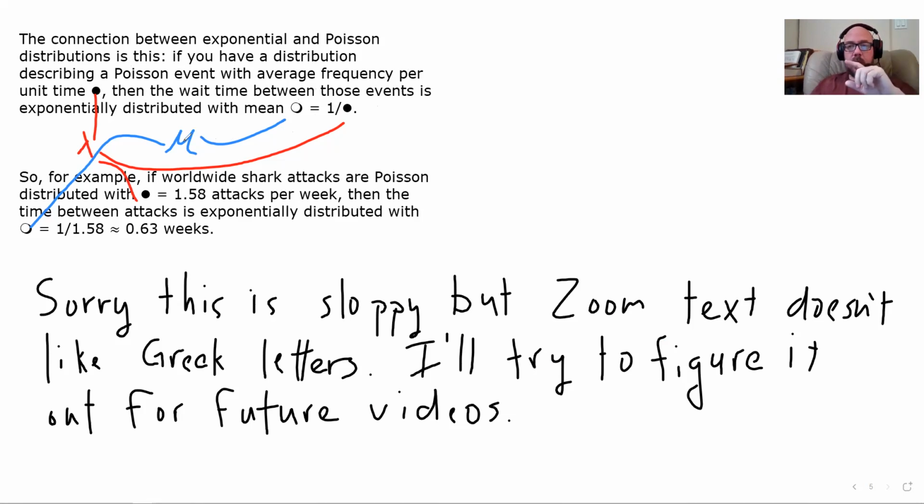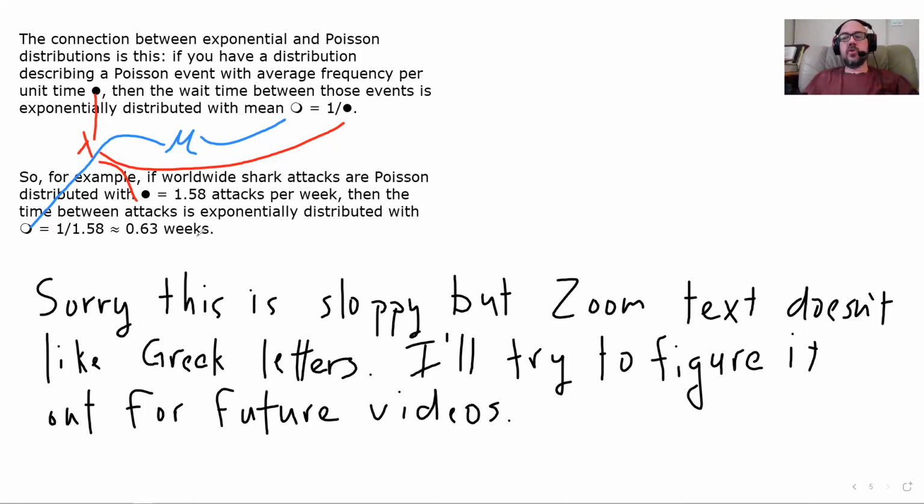For example, harkening back to the homework, if you have worldwide shark attacks that are Poisson distributed with a lambda of about 1.58 attacks per week, which is about what you should get on the homework, by the way, then the time between the attacks is exponentially distributed with mu of 1 over 1.58, or about 0.63 weeks.